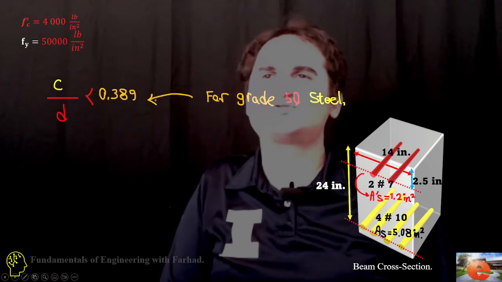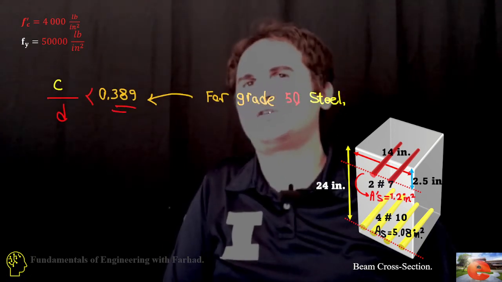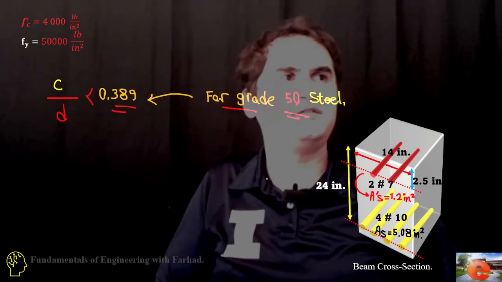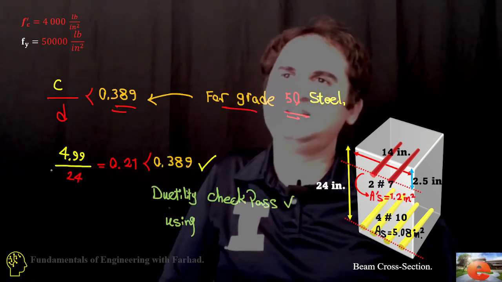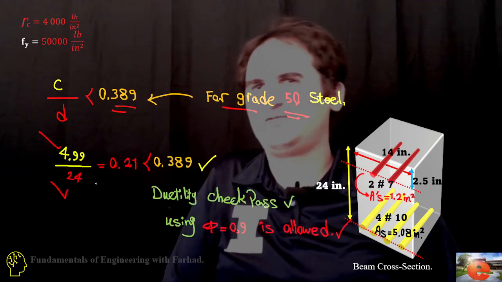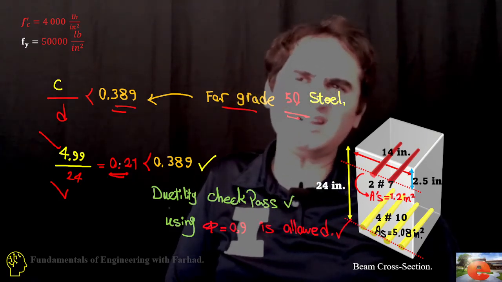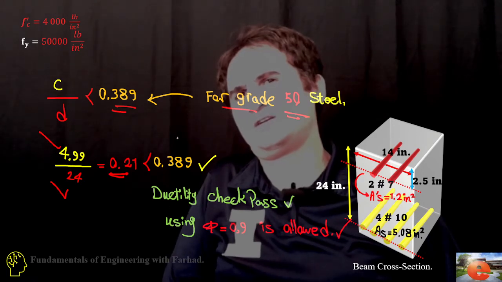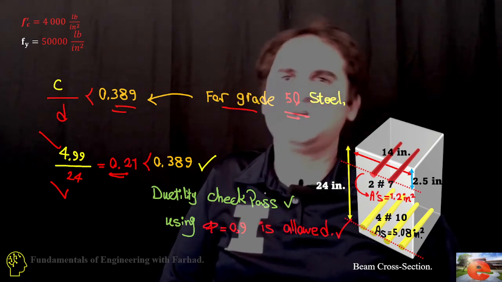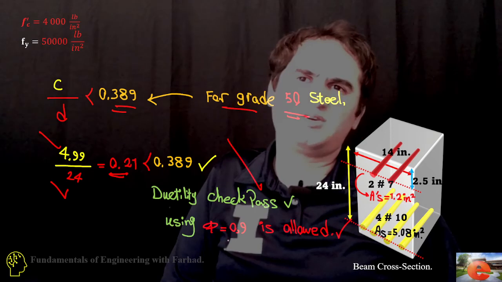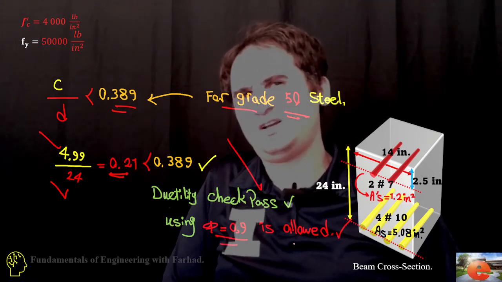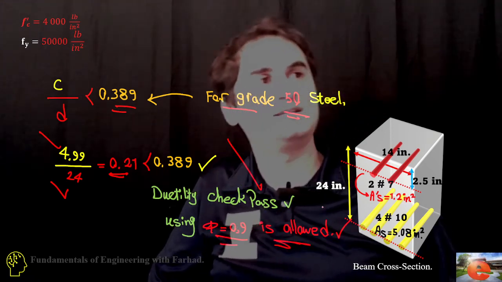C over d should be smaller than 0.389 for grade 50 steel, as you can see here. Here c is 4.99 and d is 24, which makes it 0.21, and 0.21 is definitely less than 0.389. The ductility check passes, so using phi equal to 0.9 is still allowed. Thank you. We will solve more concrete design and analysis of sections problems.